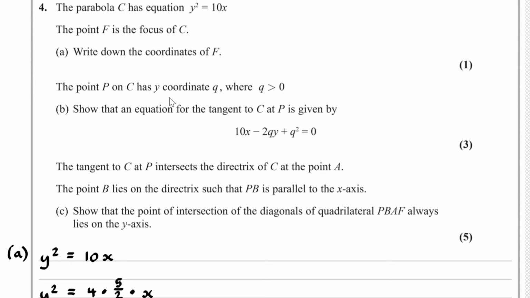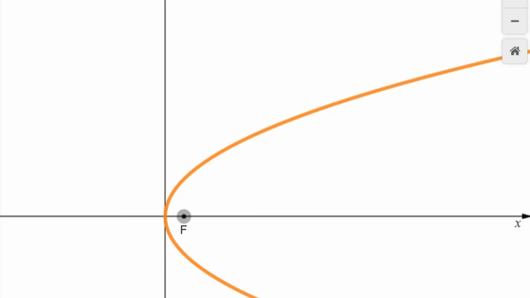The point P on C has y coordinate q, where q is greater than 0. What we have to do is show that an equation for the tangent to C at P is given by 10x subtract 2qy plus q squared equals 0. Now, what you can see here is we've got our parabola with the focus at the point F, and we also have our directrix shown here.